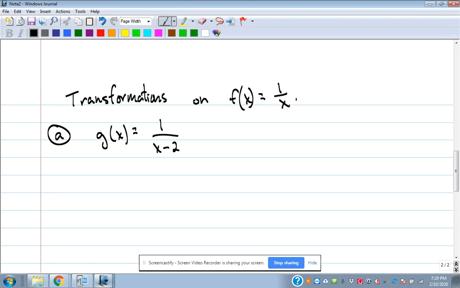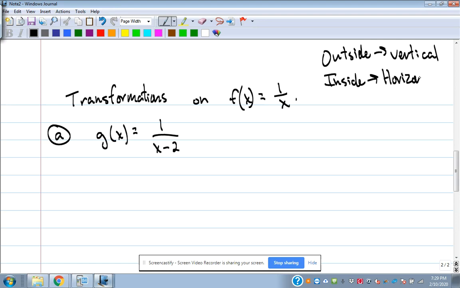Outside is vertical, inside is horizontal. This is an inside job here because that minus 2 is in there with the x in the fraction. So this is a minus 2 on the inside. So that's going to shift it right 2 units.